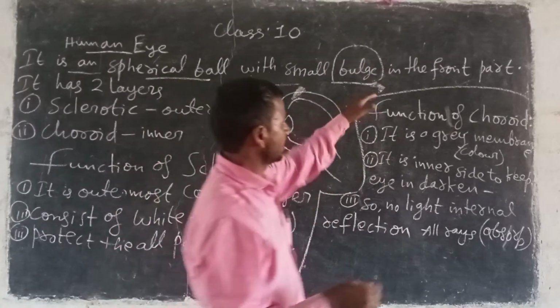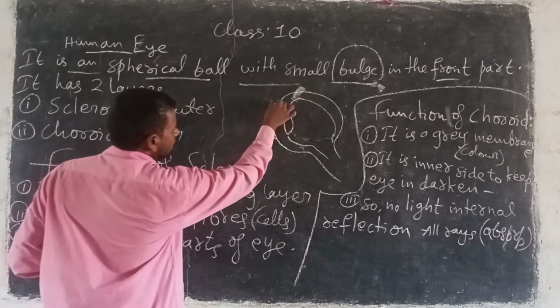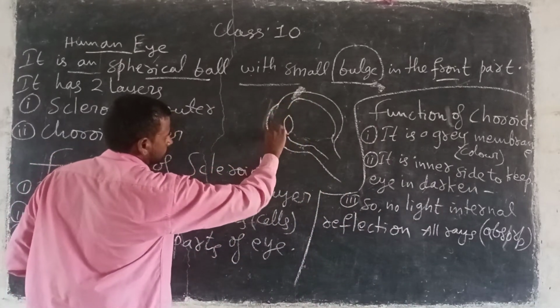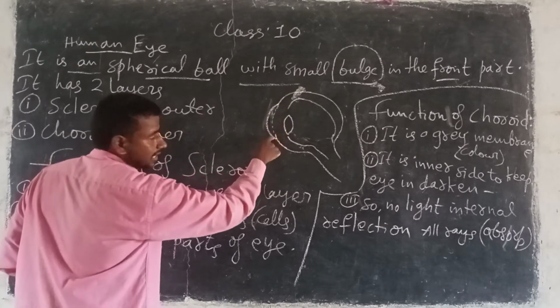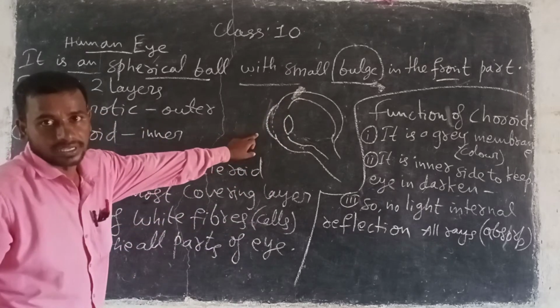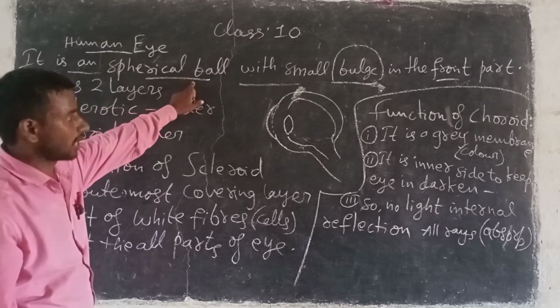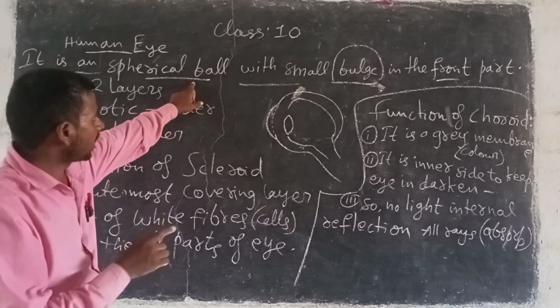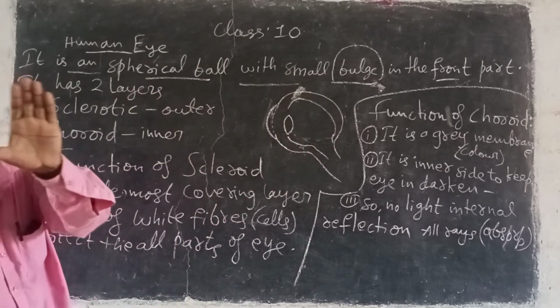I will show you in the front part of the eye. Look here, this is called the small bulge. Actually, the line could meet here, but this is the small bulge. The human eye is a spherical ball with a small bulge in the front part of the eye.